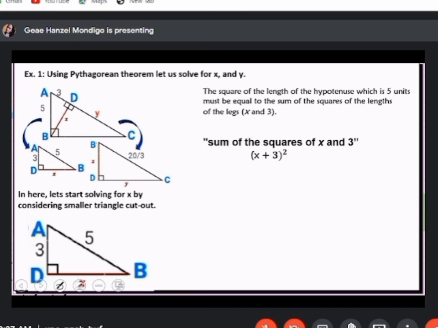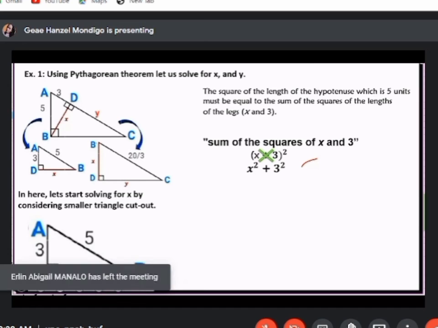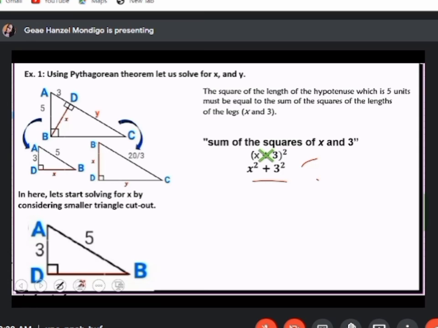Is this the sum of the square of x and 3? This is wrong, because the sum of the square of x and 3 is this one. This is how to express the sum of the square of x and 3. So we have x squared plus 3 squared, right?